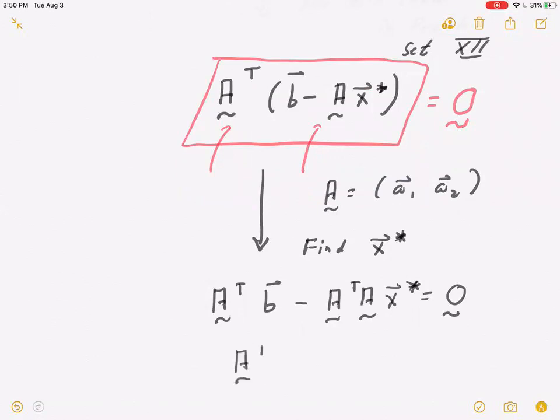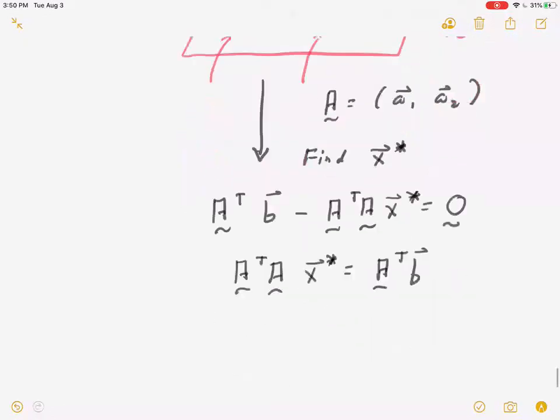A transpose A times X asterisk is going to equal the transpose of A times B. Remember, I want to find out what X asterisk is.